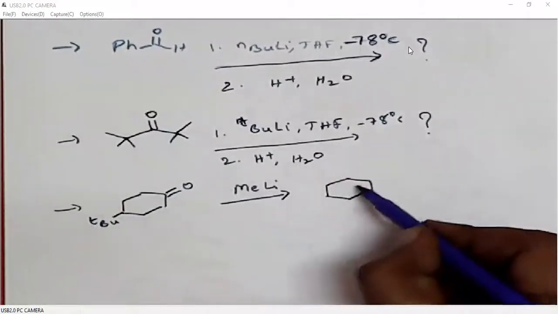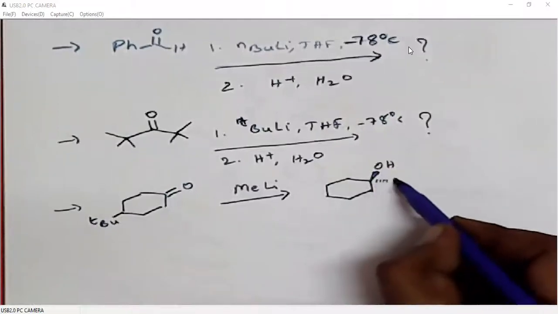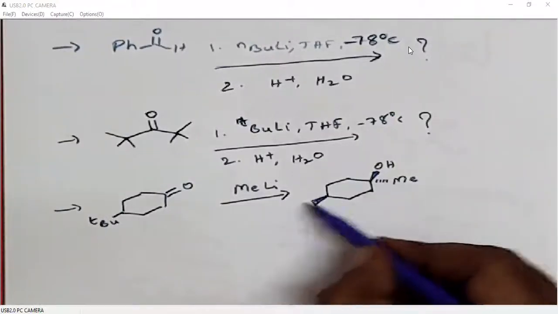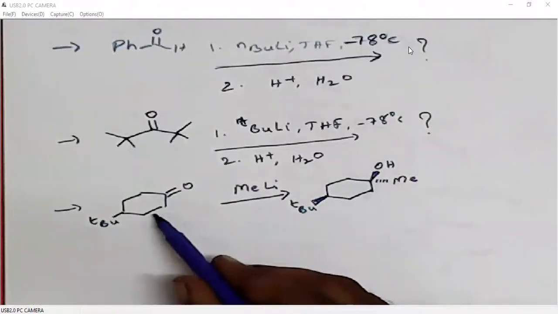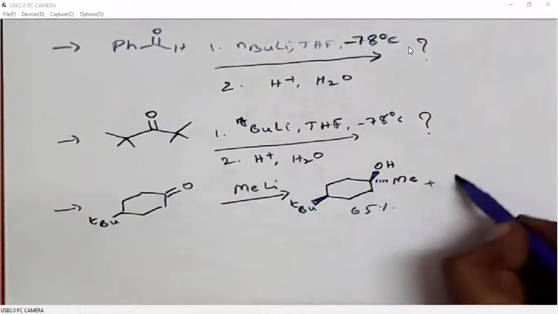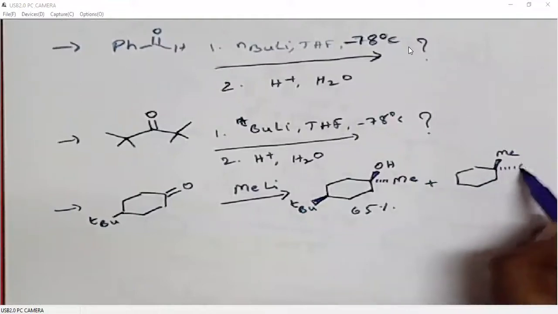You practice how this major product was developed by taking the chair conformation. Take the chair conformation of cyclohexanone and explain why this product is major and this product is minor.